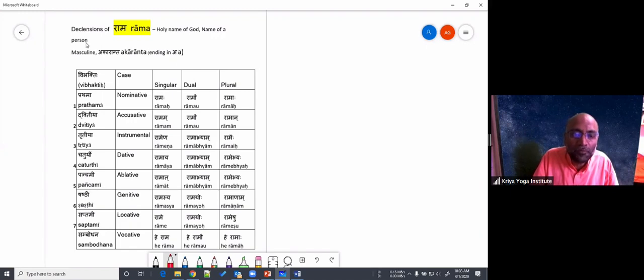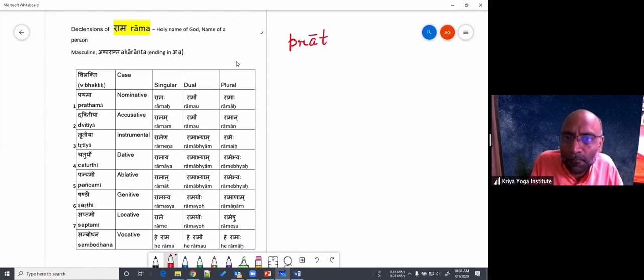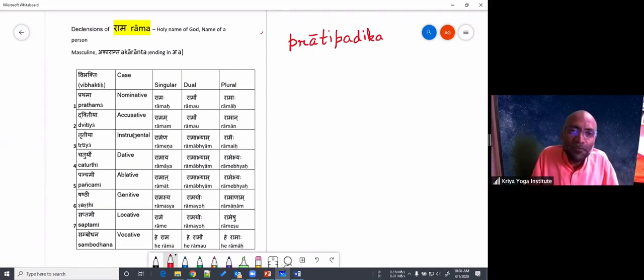Also, it could be the name of a person. It can also have some other meanings, but the main thing is that we have a base word. This is called the base word, Rama. In Sanskrit terminology, just to give you an idea, but you don't have to necessarily remember, it's called Pratipadika, a technical grammar term in Sanskrit grammar. That's the base.